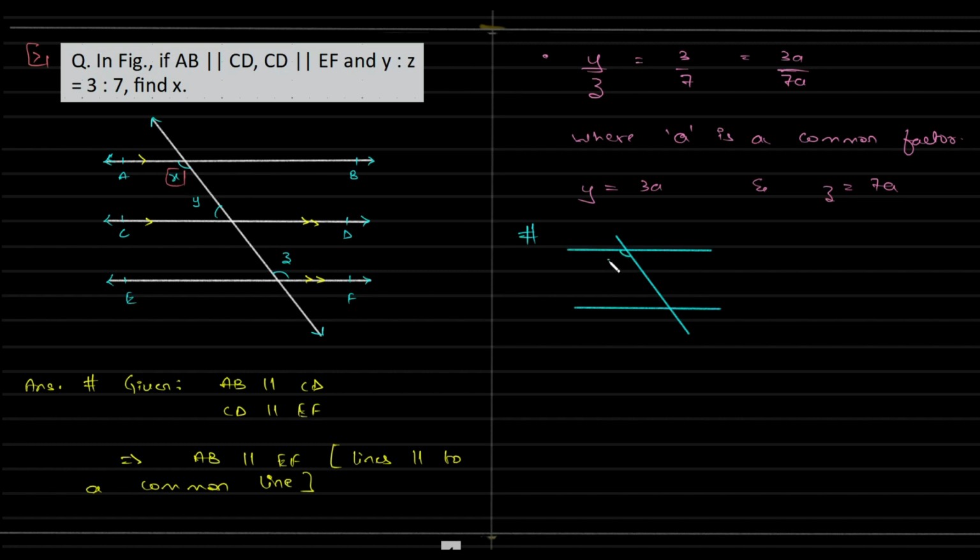If you are not able to figure out, do this. If you are able to figure out, then it's not required. Then X and Z. So that's my X, that's my Z. Now you guys can tell how X is related to all of this, and then we'll be done with the answer.